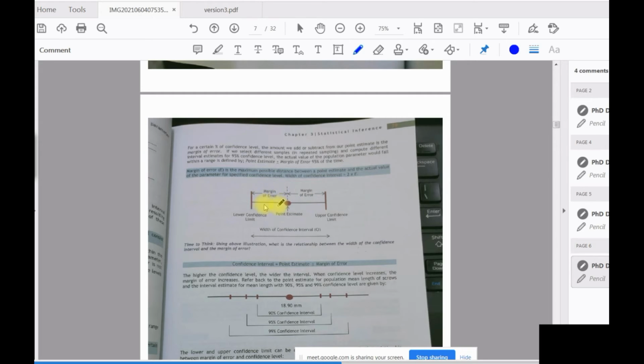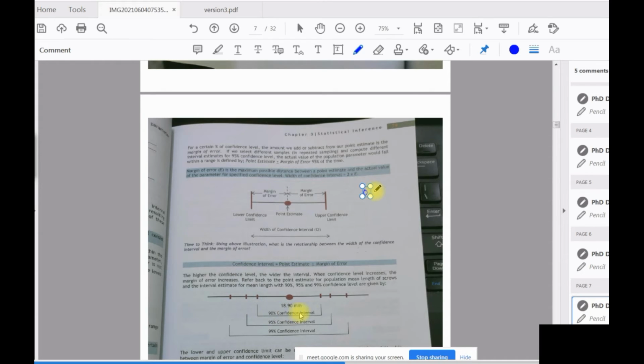So we have here the margin of error, the point of estimation, and this is an error, and the error depends on our confidence interval.